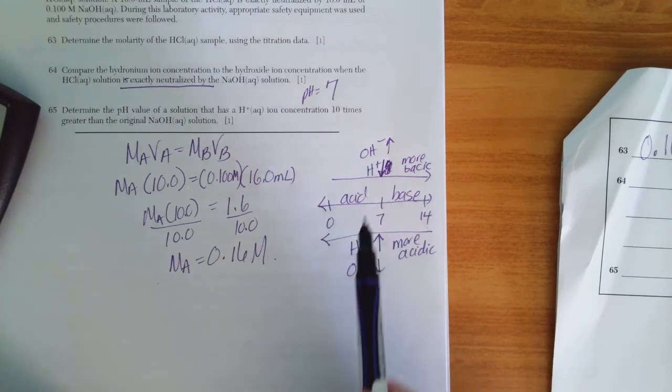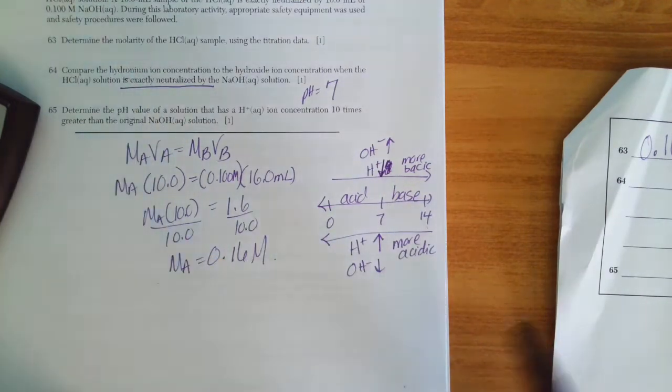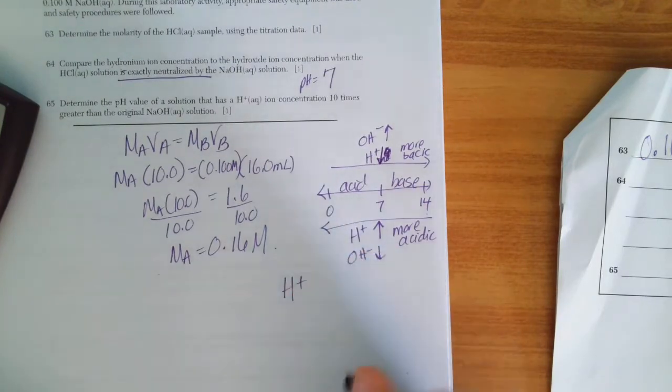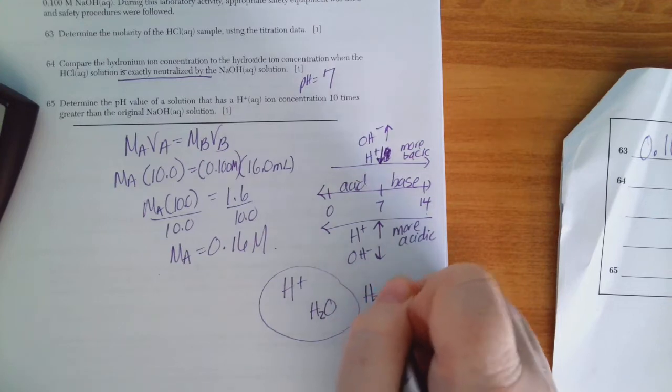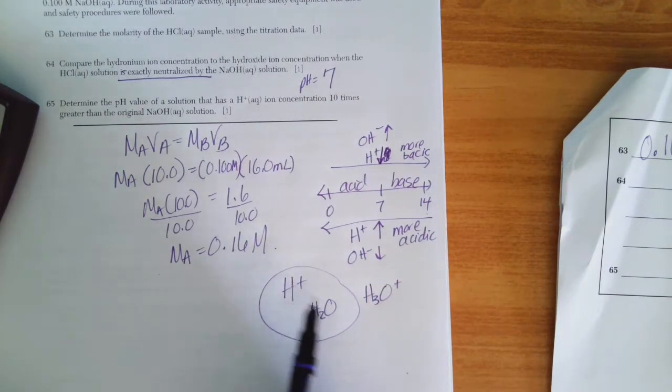At 7, they're equal. Now, why are they saying hydronium ion? Because an H plus and a water molecule make an H3O plus. So usually the H plus sticks to water and looks like this anyway.